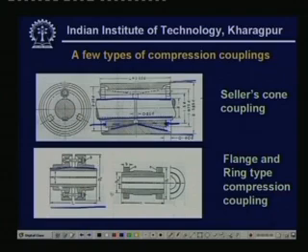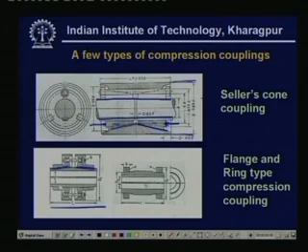The bolt design will be the same as that of the flange coupling, but here you will have to consider the force transmitted because of the wedging action, as you can always guess. This you have studied in your mechanics class, I am not going to derive it here.